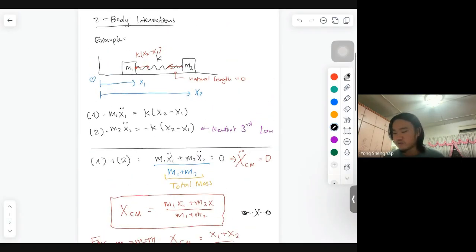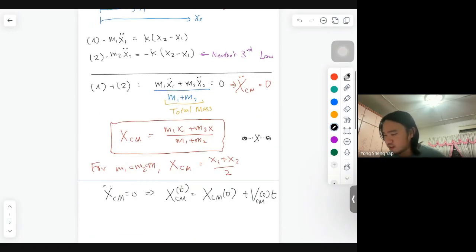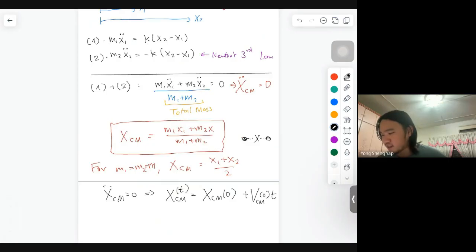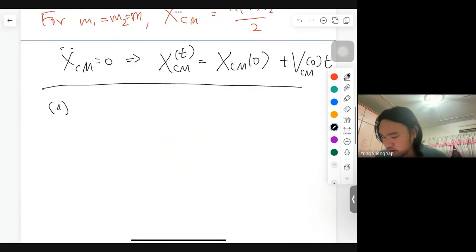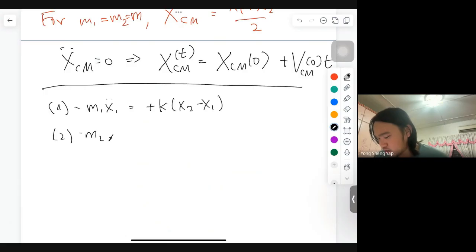Another thing we can do to get a nice equation of motion from 1 and 2. I'll write it again here. m1 x1 double dot equals plus k(x2 minus x1), and m2 x2 double dot equals negative k(x2 minus x1).